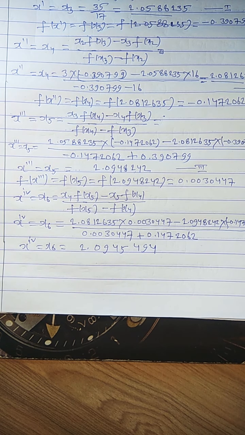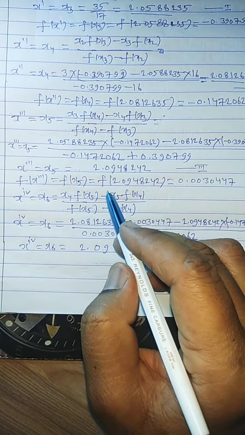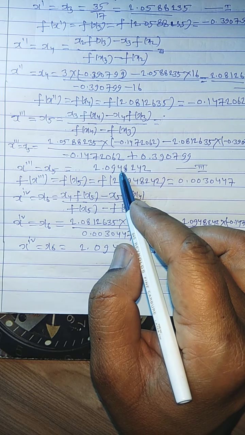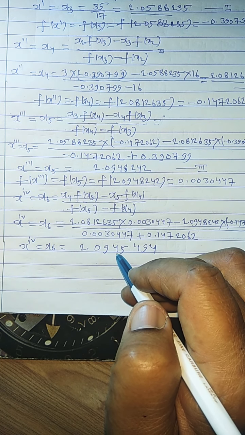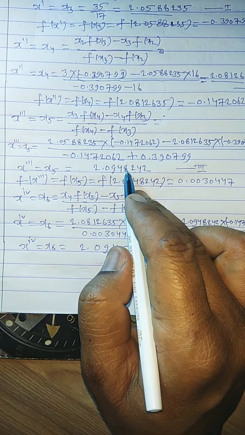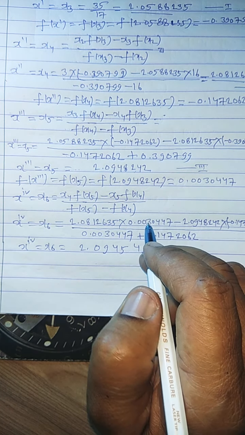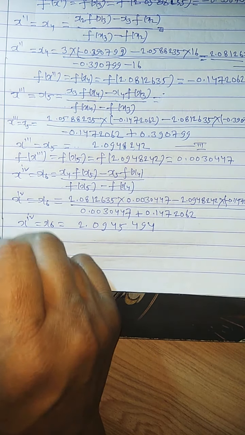Now where can we stop this procedure? We can find the difference of the last two: 2.094 and 2.0945, and after rounding this is 2.095. Means if we take one more step, then we can get a better solution.